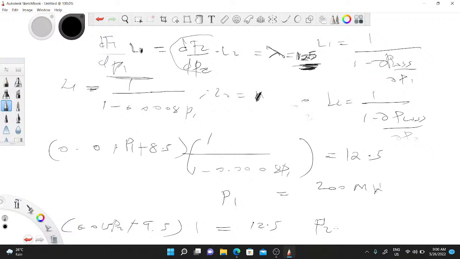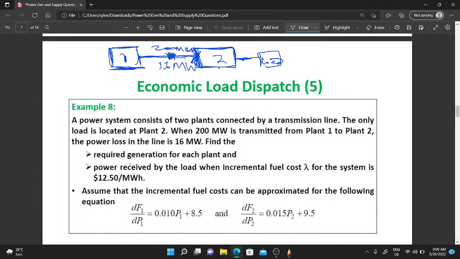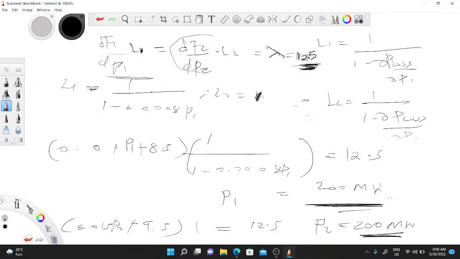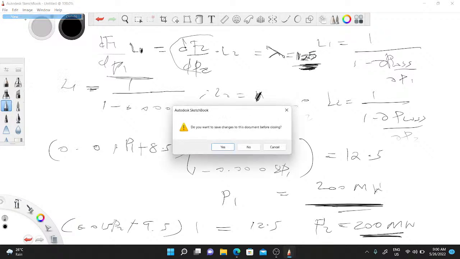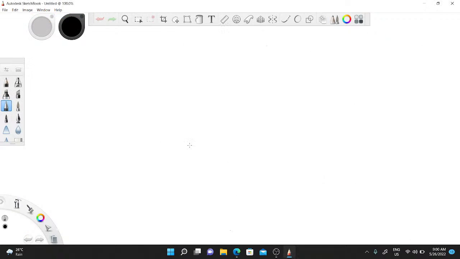If you simplify this, you get P2 to also be equal to 200 megawatts. So that's about it, we are done with the first part. We are supposed to find the required generation for each plant. So each plant is supposed to generate 200 megawatts of power.